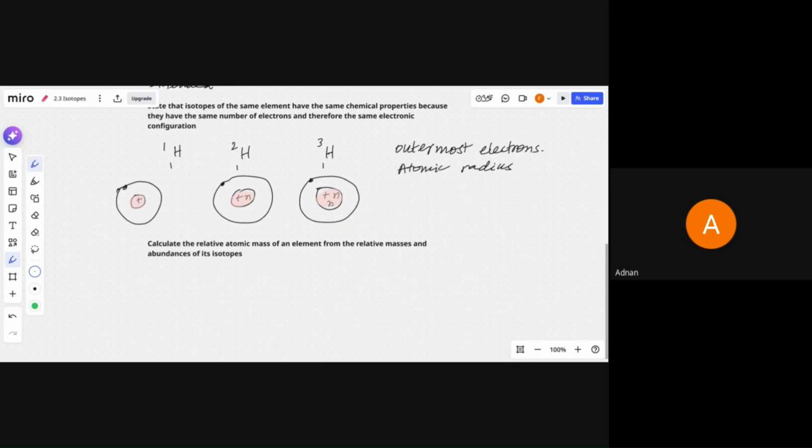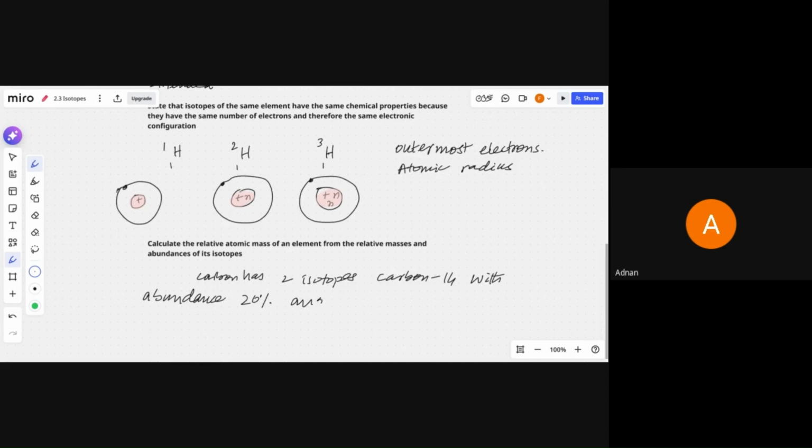For example, carbon has two isotopes. Let me quickly write the question. Carbon has two isotopes: carbon 14, with atomic mass 14 and abundance 20%.